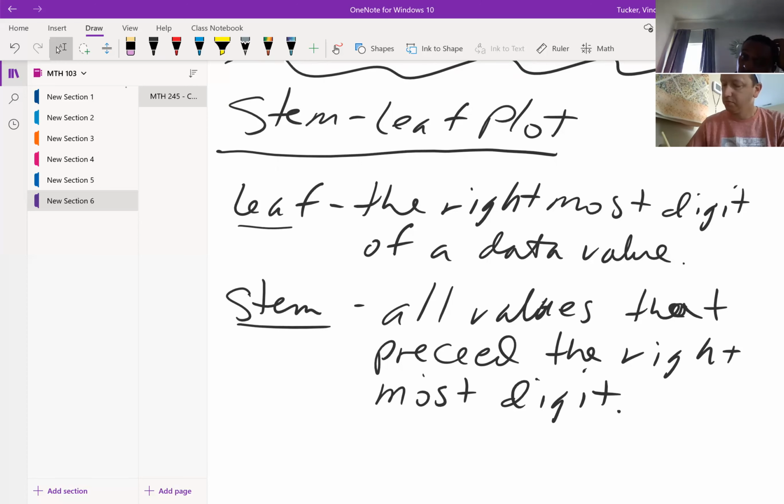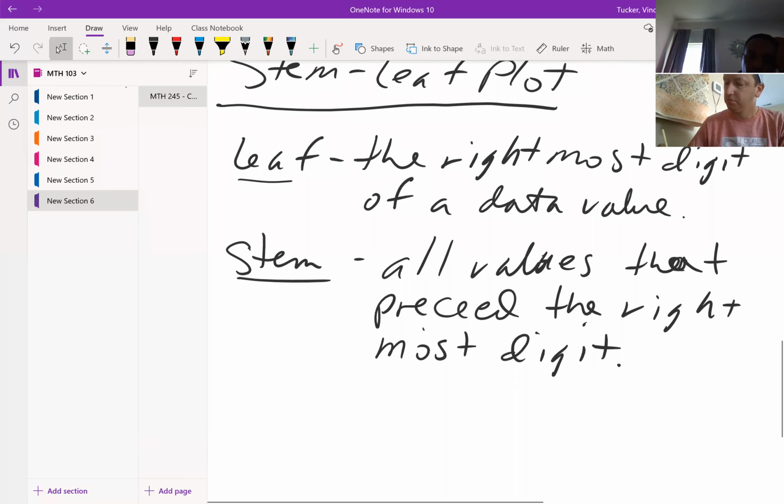Your leaf is going to be the rightmost digit of a data value, and your stem will be all of the values that precede the rightmost digit.